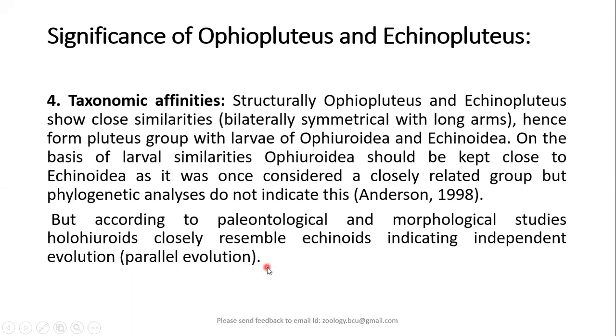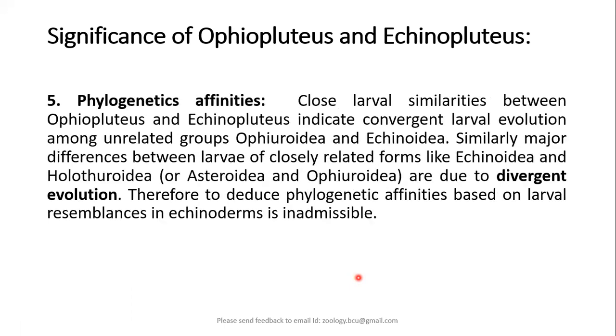We can see some resemblance in the body of sea cucumbers and sea urchins, as both of them don't have arms. There is no larval resemblance, only adult resemblance is there.